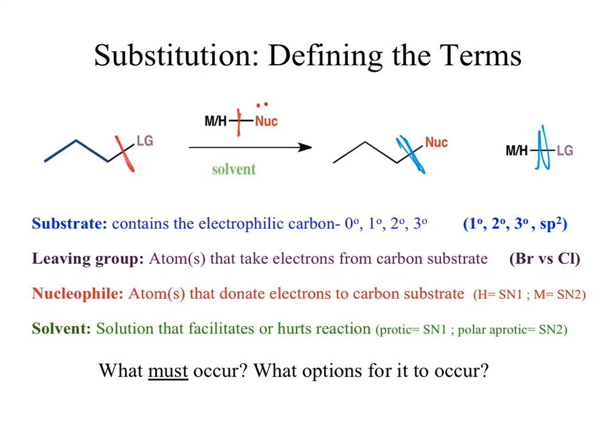So really we've got 4 different things occurring here. When we go through and look at substitution reactions, we actually simplify these terms and we ignore the metal hydrogen bond, either with the leaving group or with the nucleophile. Why do we typically ignore those bonds breaking or making? How strong of a bond is there between a metal and a nonmetal? What type of bond is there between a metal and a nonmetal?